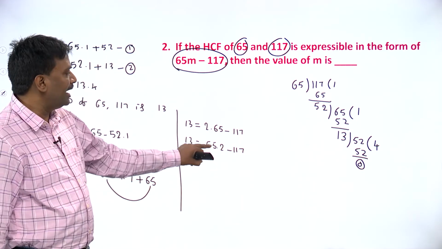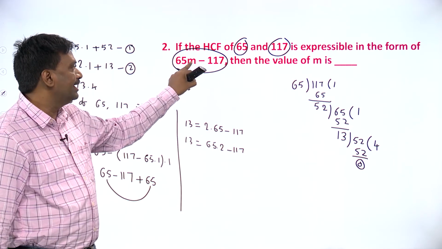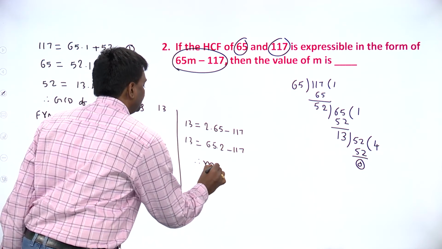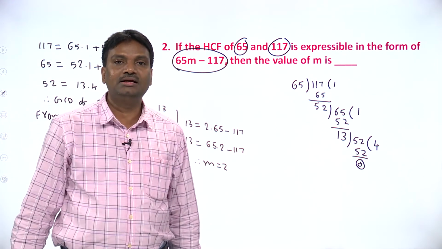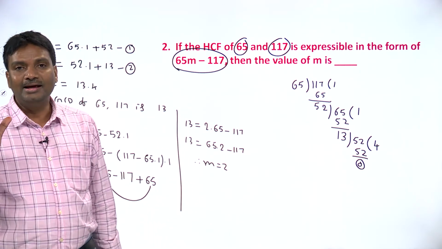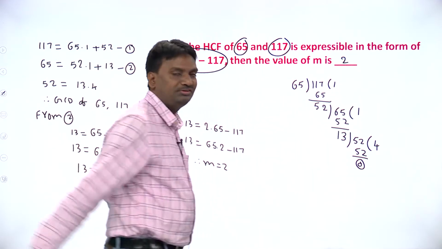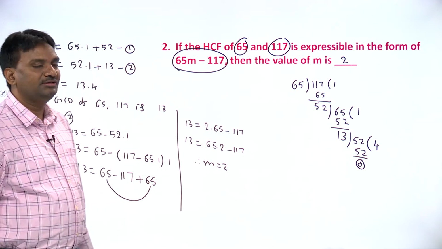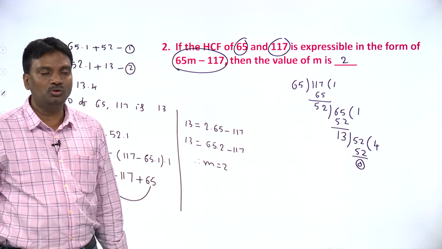Now, if we compare this with the expression, clearly in place of m we have 2. So, the value of m is 2, clearly an integer from 1 to 9. This is the answer for this integer type question.